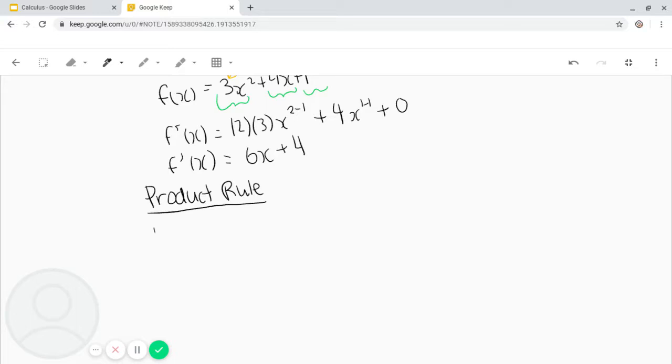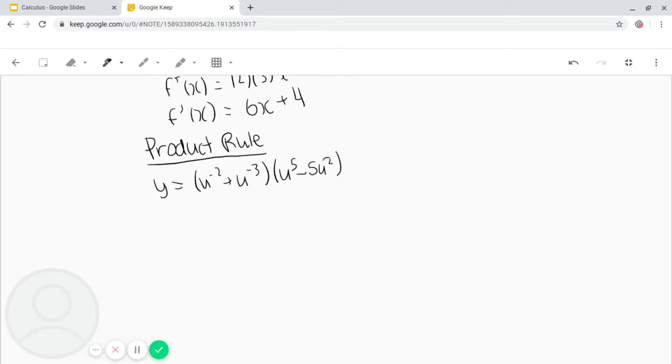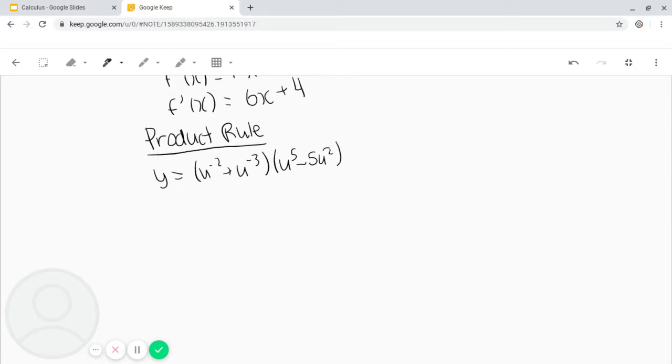So our function is y equals u to the negative 2 plus u to the negative 3 times u to the 5 minus 5u squared. And instead of expanding and finding it like we did above with the power rule, we can use the product rule. I think it would be a bit easier in this situation, although you could expand, but that would leave you with a lot of terms.